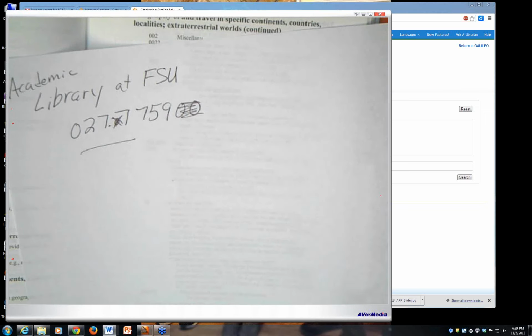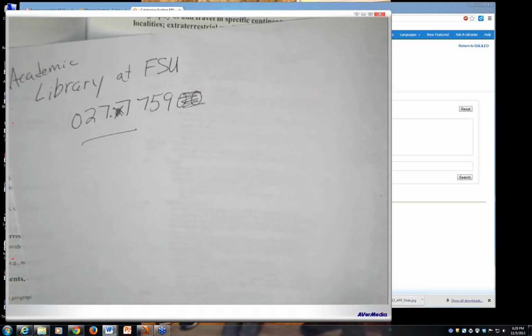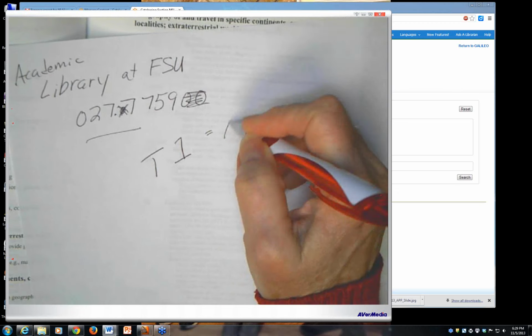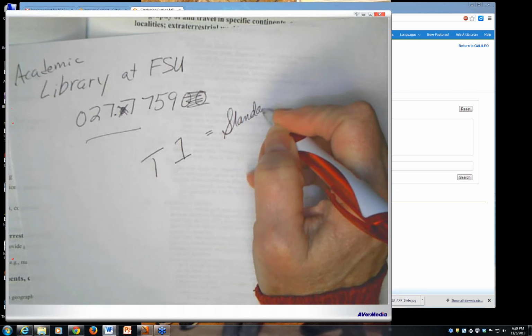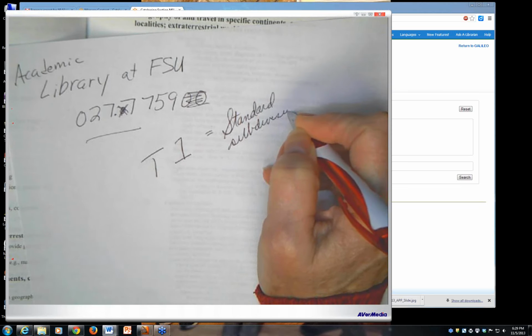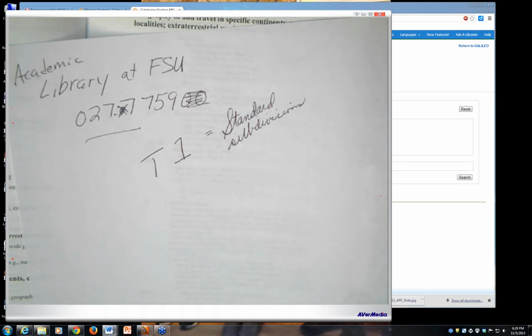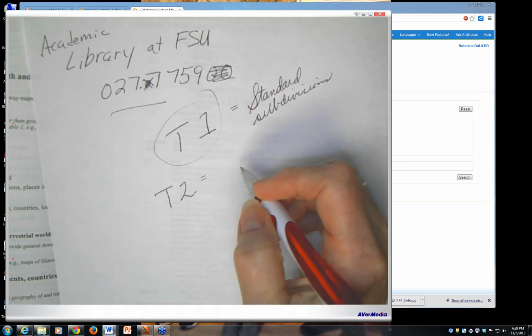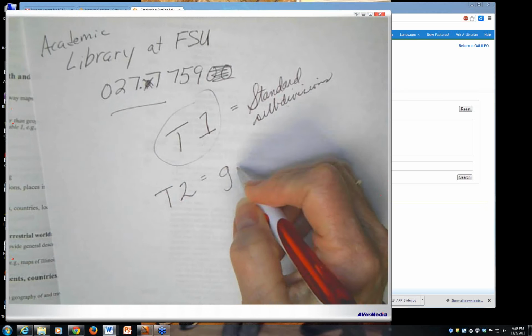Okay, you would put nothing in right there unless you're told to do so. The time you use the extra zeros, that's when we're using Table 1. If we're told on standard subdivisions to add extra zeros, that's indicating Table 1. Table 2 is specifically the number for the geographic location.